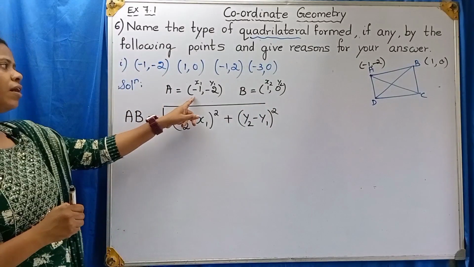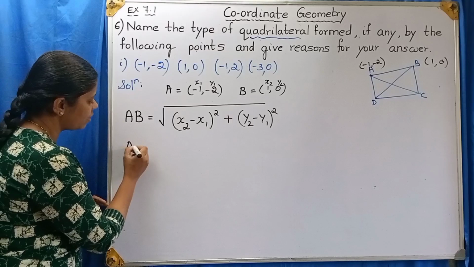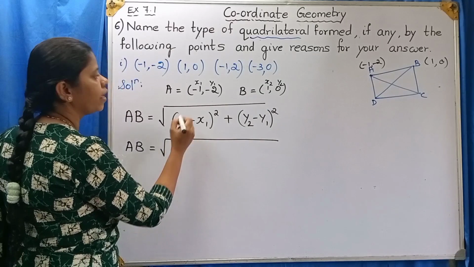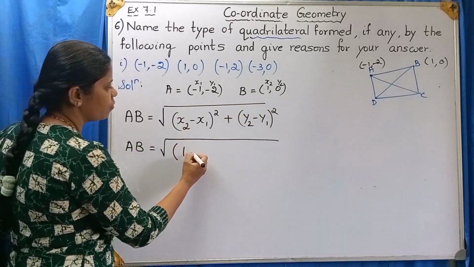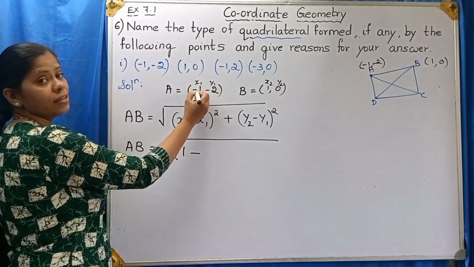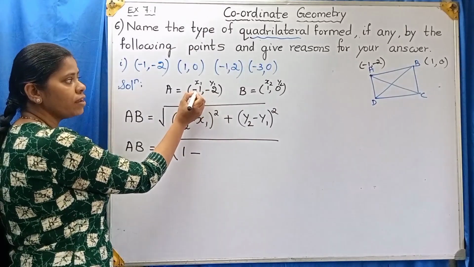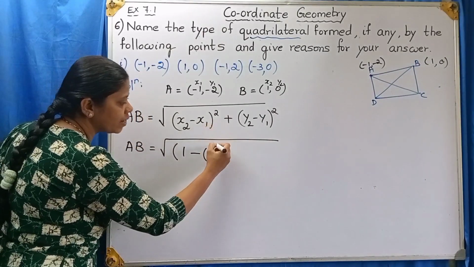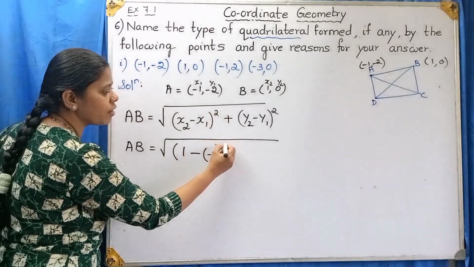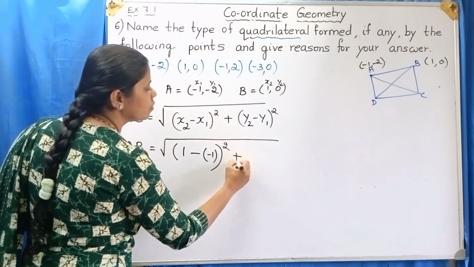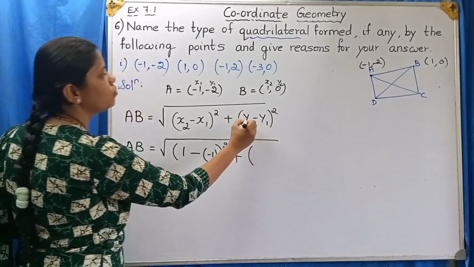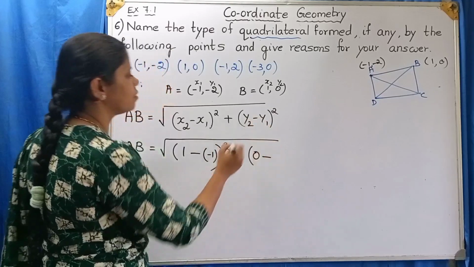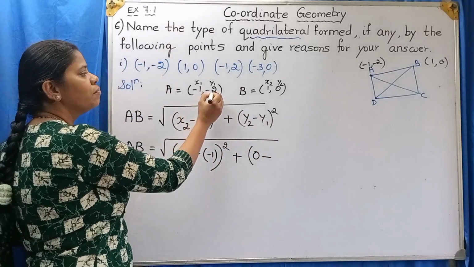Now let us substitute the values here. AB is equal to square root of bracket x2. The value of x2 is 1, minus the value of x1, which is -1. Look at this, the value of x1 is -1, so let me take this in the bracket, then square. Plus bracket open, the value of y2 is 0, minus y1, the value of y1 is -2.